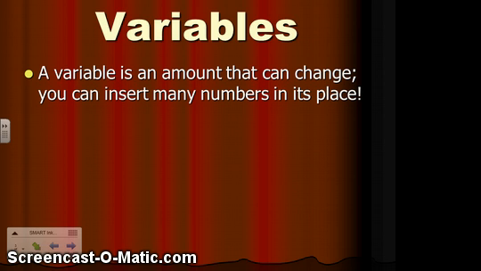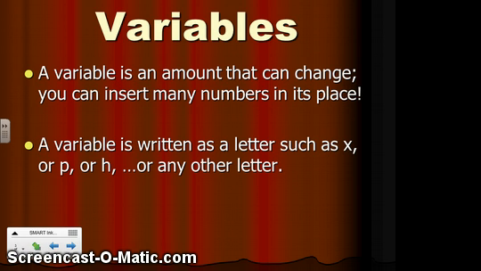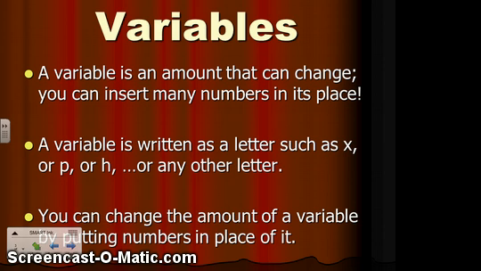So when we put the number in the input into that expression, we would get the number that was the output. A variable can be written as a letter such as X or P or H or any letter that you really want to use. And you can change the amount of a variable by putting numbers in place of it.